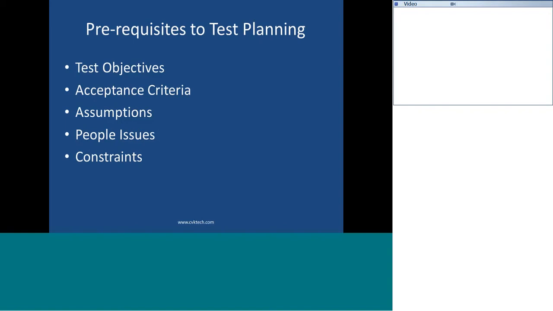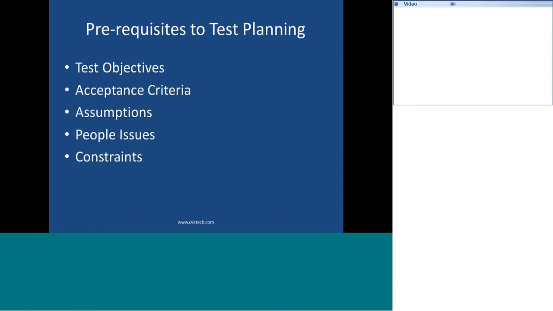That is one of the assumptions, because this particular statement will not be there in your BRD document or in any of the documents, but our assumption is that the development team will provide us the coded product, then only we can start. So that could be one of the assumptions.